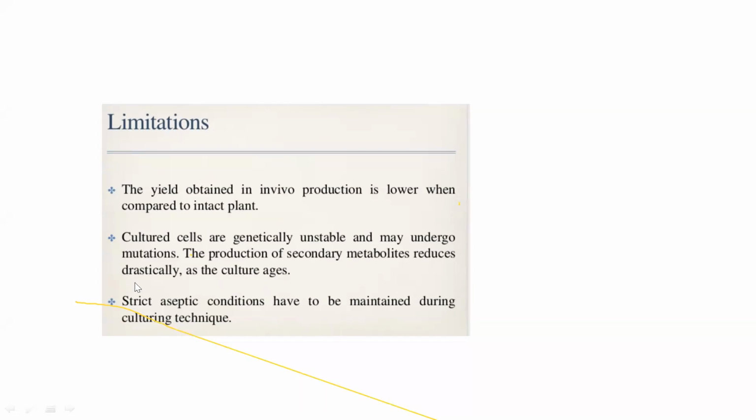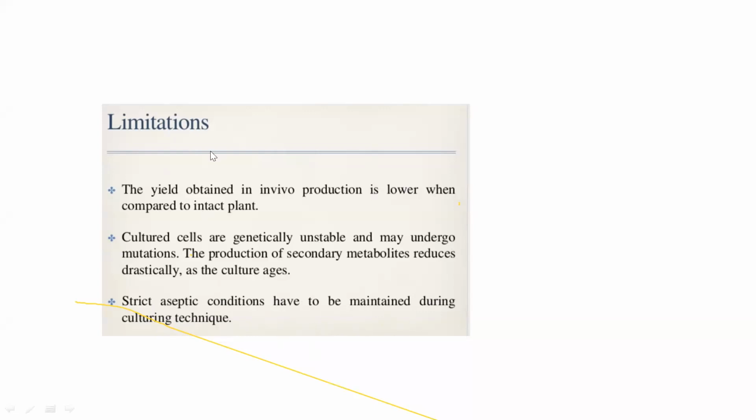And aseptic conditions are again going to be labor intensive and costly. So you have to maintain every single stage very aseptically. This contamination becomes a problem when you use tissue culture as a means for producing secondary metabolites. So these are important limitations.